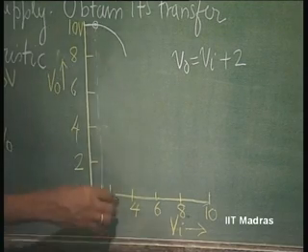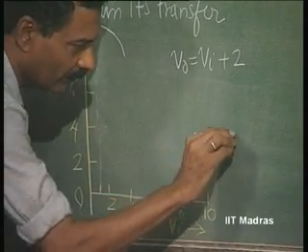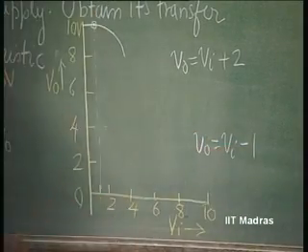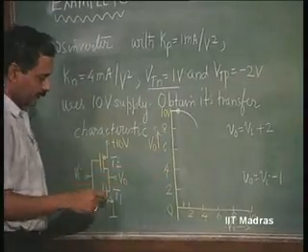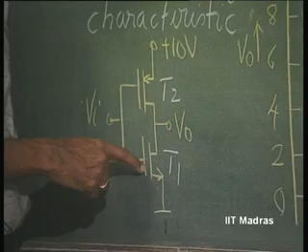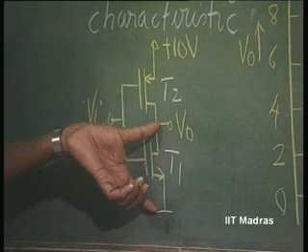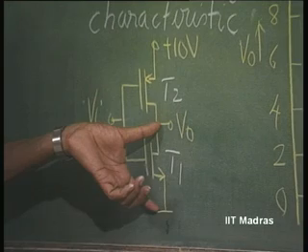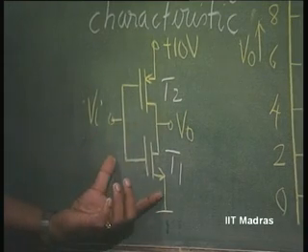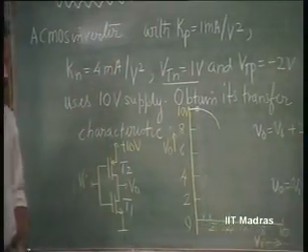So, the other line is V naught equal to Vi minus 1 corresponding to this transistor going to triode region. Again, it is this Vds, which is V naught itself, equal to Vi minus 1. That is the region where it is entering the triode region.